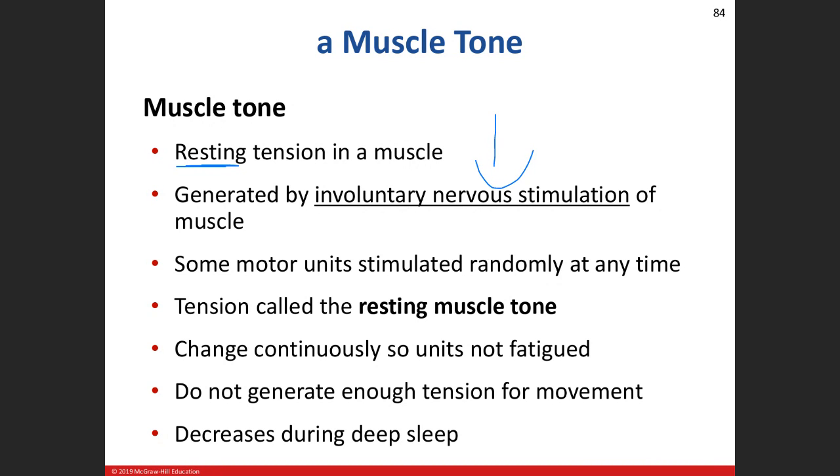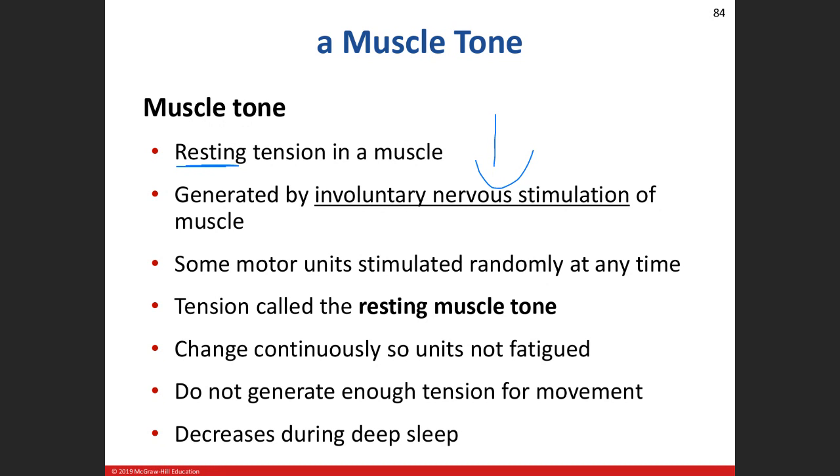And so, like I said, that you-don't-use-it-you-lose-it idea gives you that kind of tone, where people will say, oh, you're tight, or hey, you're really loose, you're relaxed. It's so that these units don't get fatigued, but they're generating muscle tension.